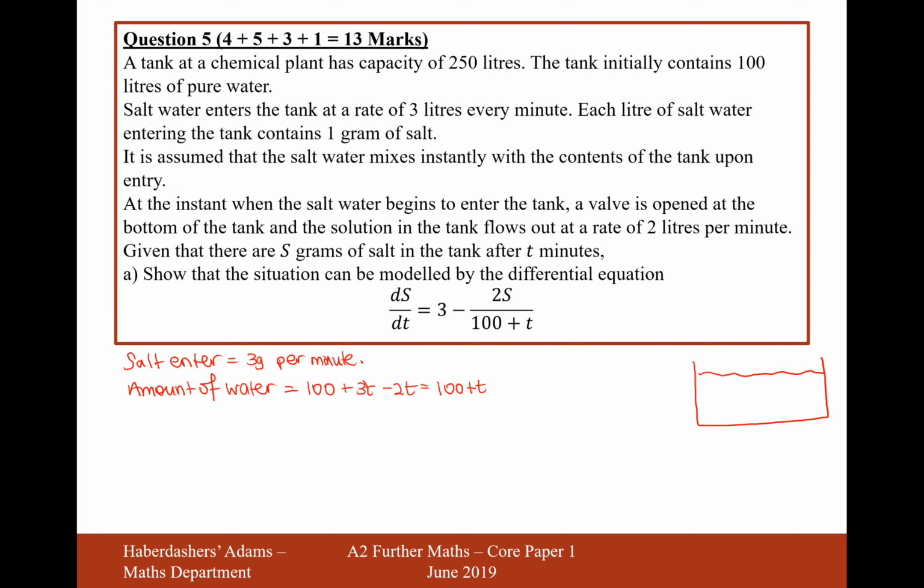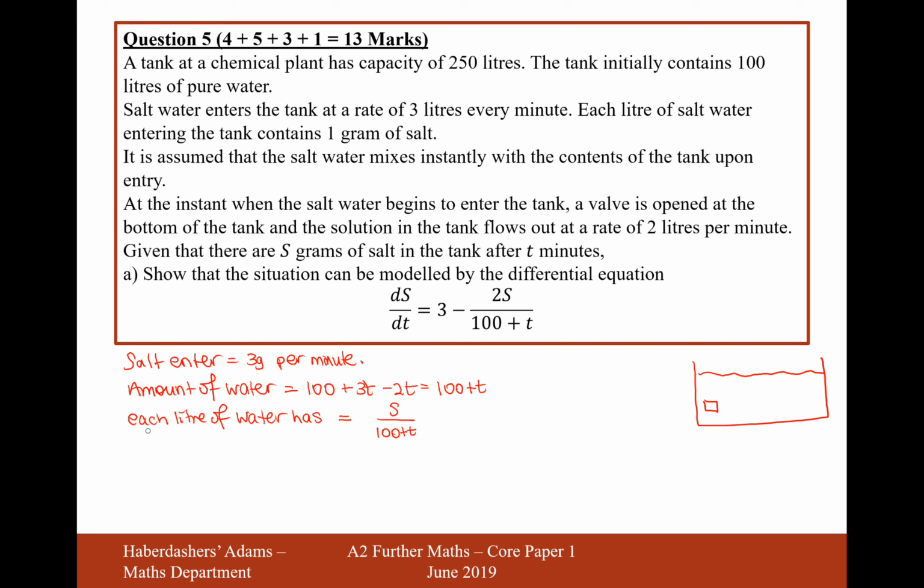Right, so now once we've put a lot of salt in and once the water level starts to rise, we need to consider now how much salt 1 litre of water has. So if we disperse the salt straight away, and we build up to a salt level S, then each litre of water has, if S is the salt level at that certain point in time, S divided by 100 plus t.